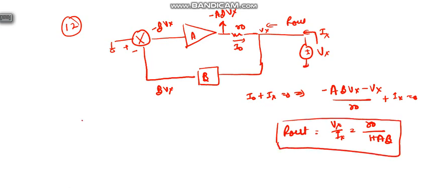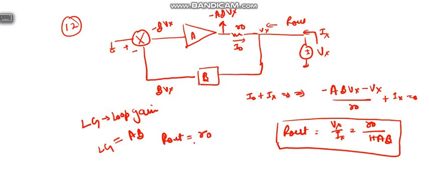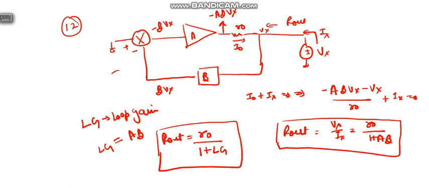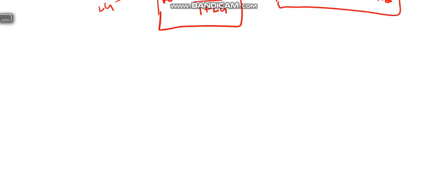Now Lg is the loop gain, which is given as A beta. So for negative feedback, the output impedance of the amplifier is reduced by the loop gain. So this is the negative feedback configuration, and this is one of the advantages of negative feedback.